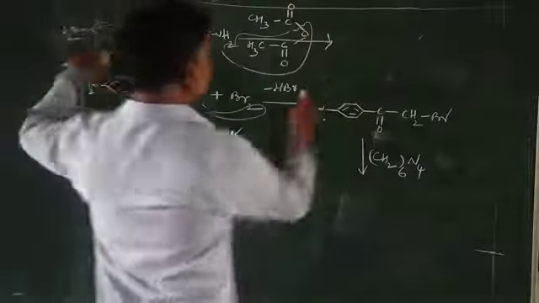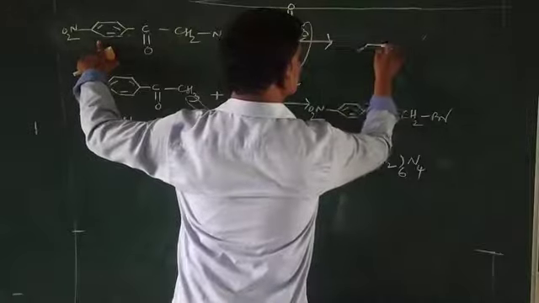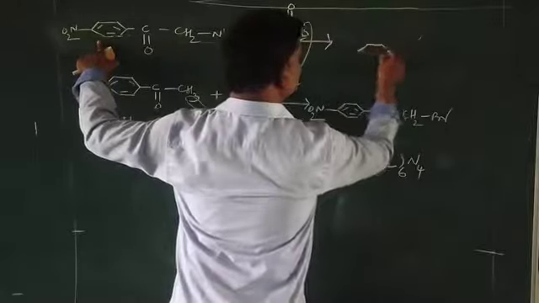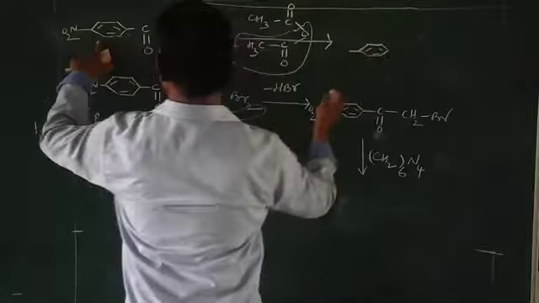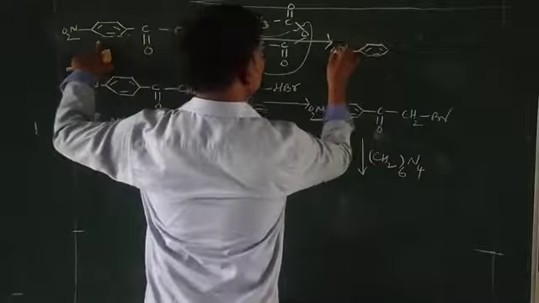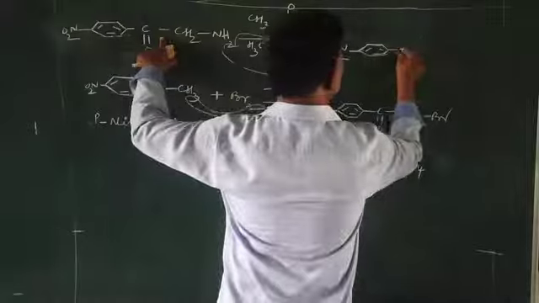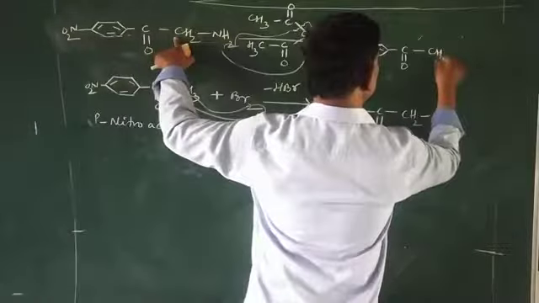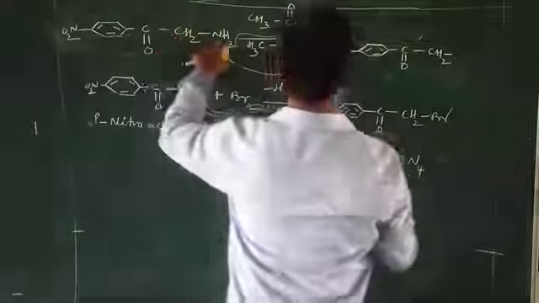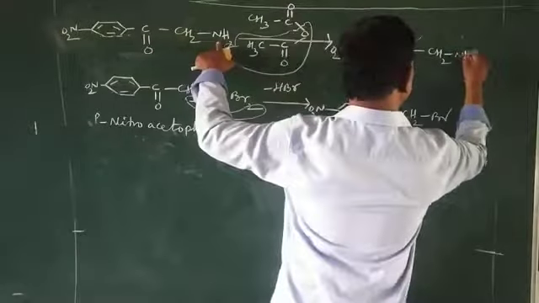So remaining portion as usual write down benzene ring, here NO2 and C double bond O and CH2 and NH.